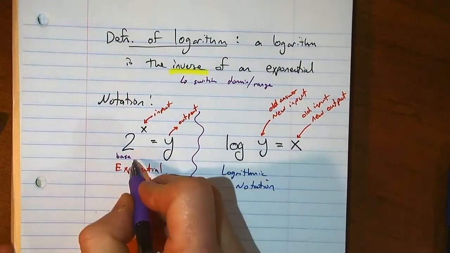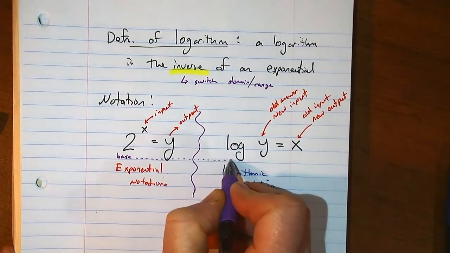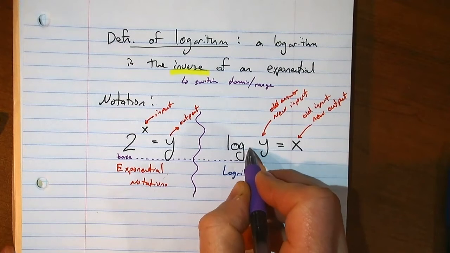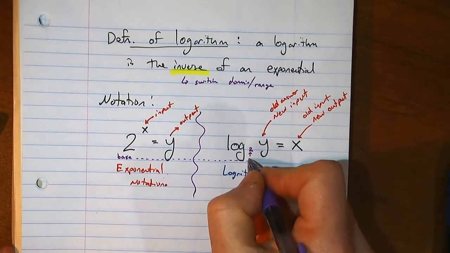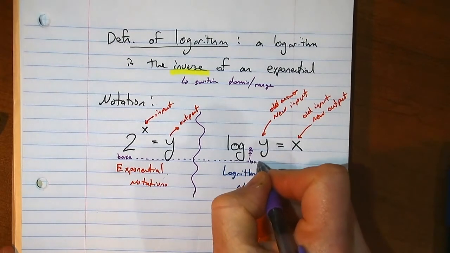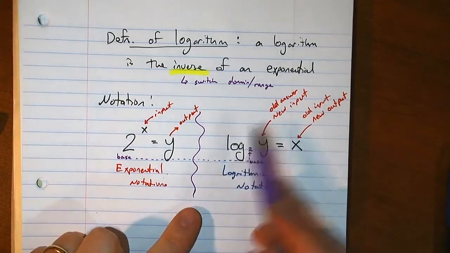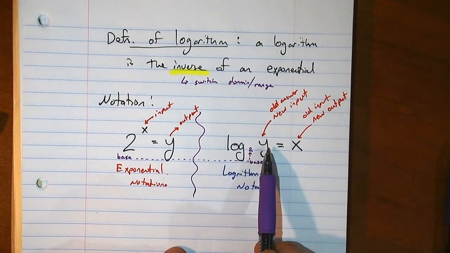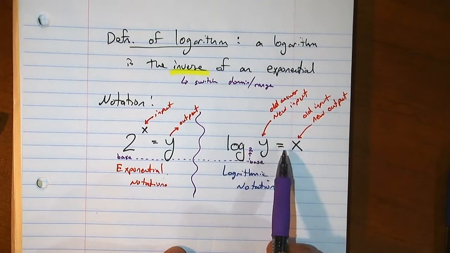So the way that we do that is we just copy that number into the problem as a subscript right here. A little tiny 2. That's how we indicate the base. So the way that I would read this expression is I would say log base 2 of y is equal to x.